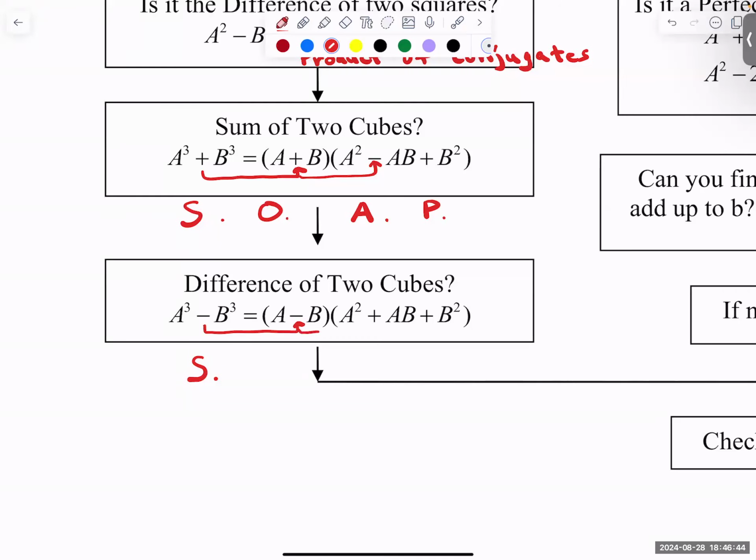Then the next sign is plus, so the sign changes from minus to plus. Those are opposite signs, so O for opposite. And then always plus on the end for these two factoring formulas. Those two formulas end with a plus sign.